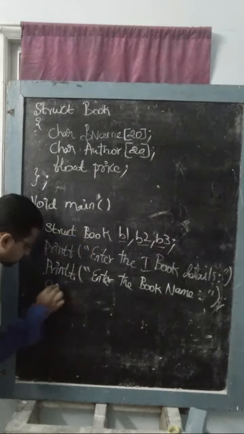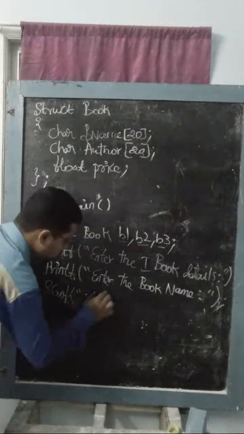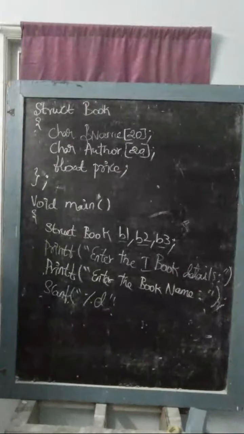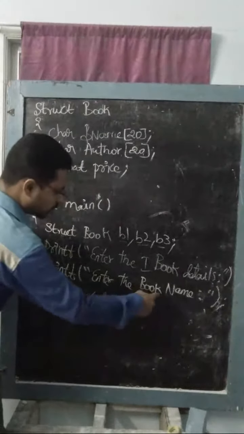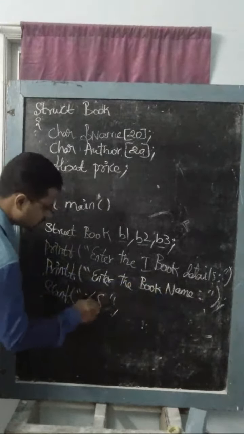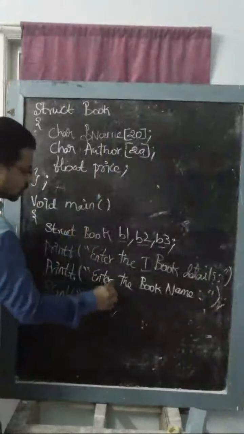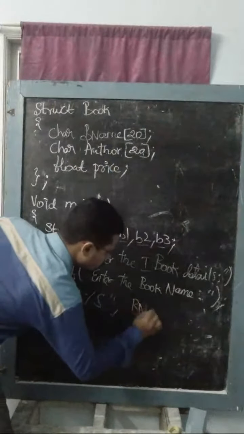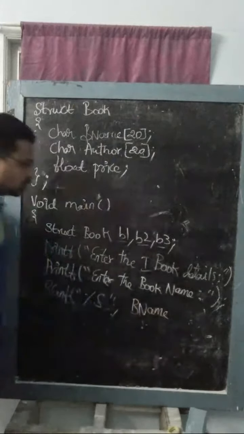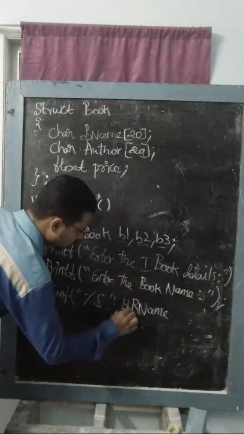So scanf, %s, since the book name is a string, and the variable name is B1 dot bname, with the address. With the help of the B1 object, I am going to get the first book value.